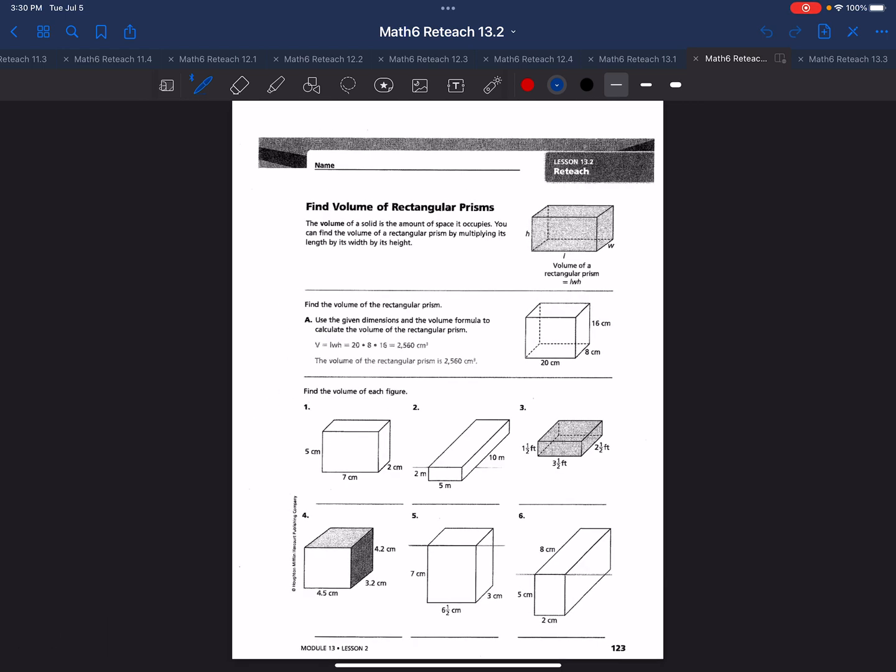Let's review some vocabulary for today. I encourage you to write this down in a math spiral notebook. So we have volume. Volume is the amount of space a solid occupies, and it is three-dimensional.